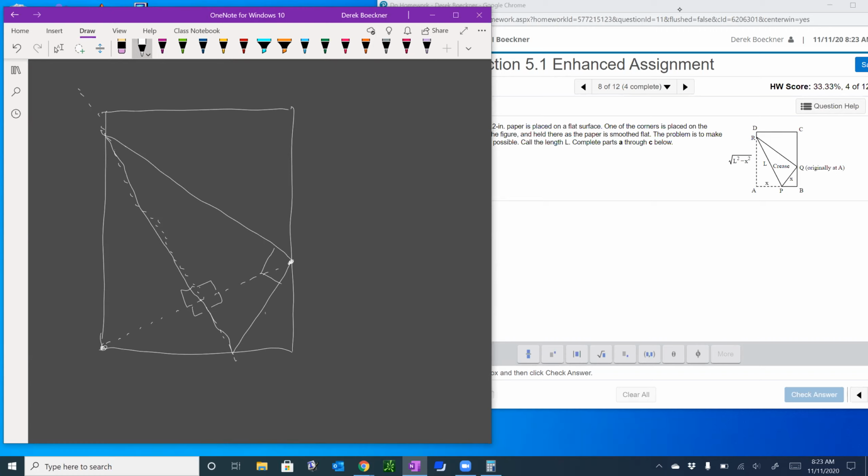Okay, and then it says X is going to be the length on the bottom that we fold to here. So those two would be X, because the amount that you fold up has to be the amount that's there. This side is L.